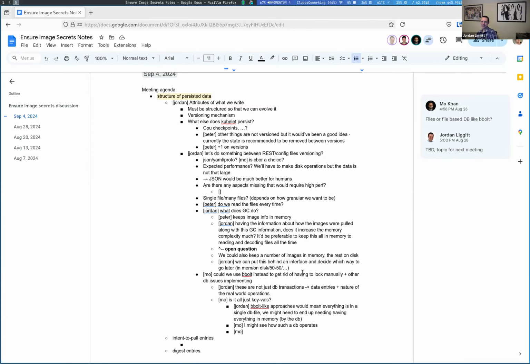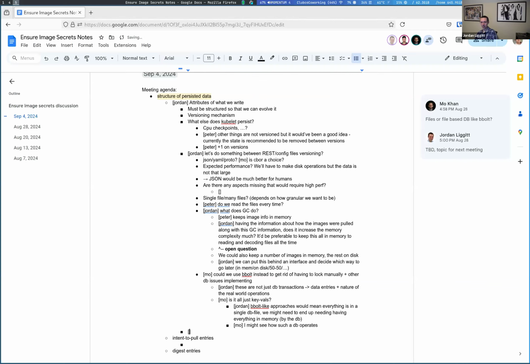Flat files on disk are very easy to reason about.